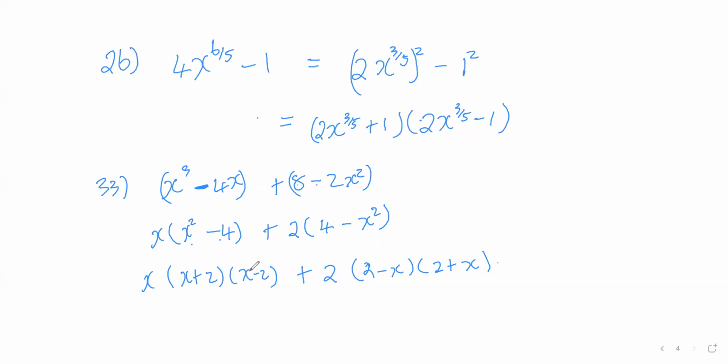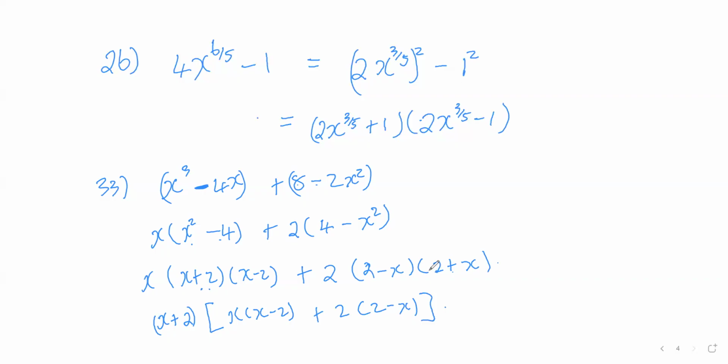And looking at this, I can see that x plus 2 is common to both terms. All right. I can also still factor it out. X plus 2 into x times x minus 2 plus 2 times 2 minus x.